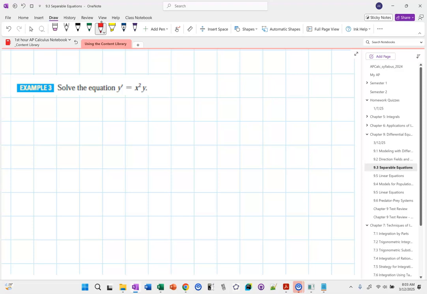What are the two words that mean the same thing? Synonym. There you go. Thank you. They're like synonyms for each other, right? Just mean the same thing. So we'll do the same thing. We'll multiply both sides by 1 over y and then multiply by dx.